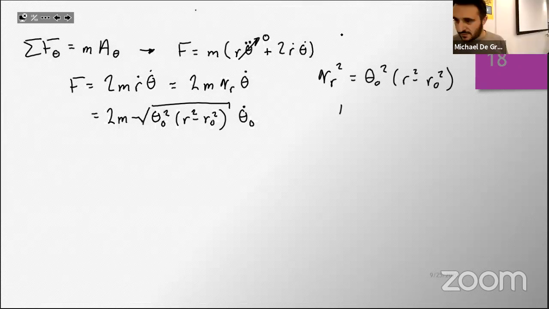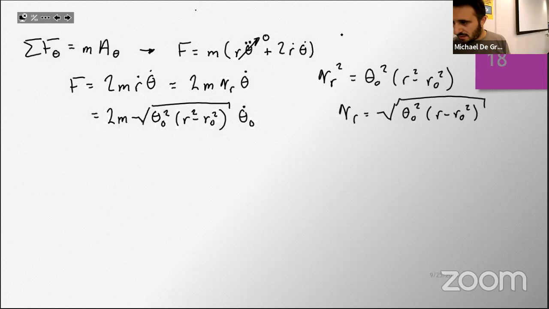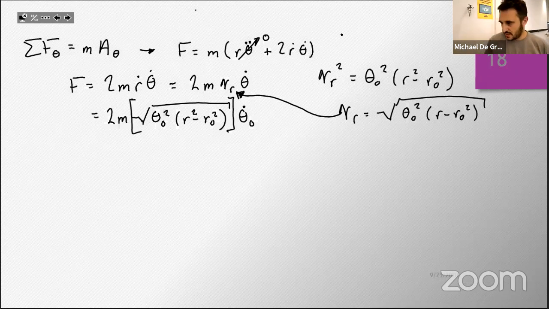So if I take the square root of this, v_r is just the square root of theta naught squared (r squared minus r naught squared). Then I'm going to take this equation and plug it in right here. That is v sub r.